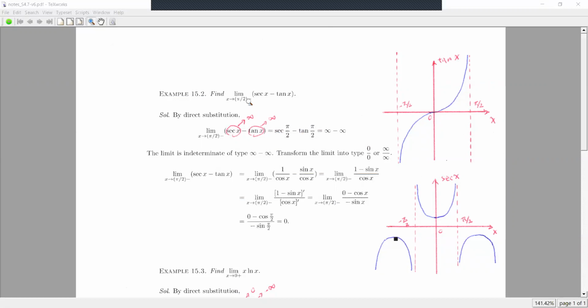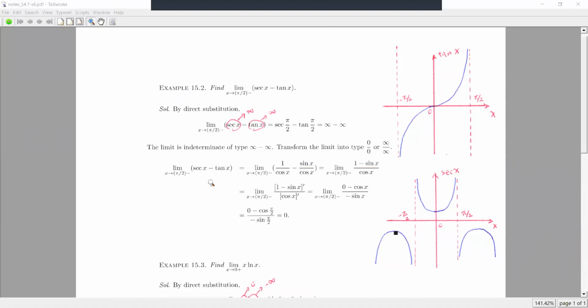To use L'Hopital's rule to compute this limit, we need to transform the limit into type 0 over 0 or infinity over infinity. By trigonometry, we know that secant is 1 over cosine. Tangent is sine over cosine.